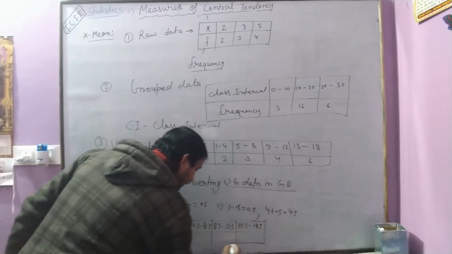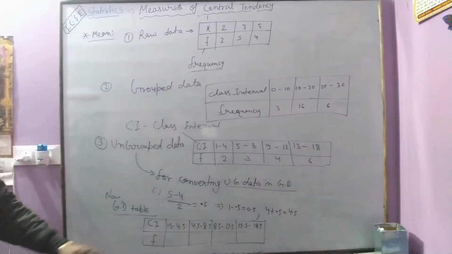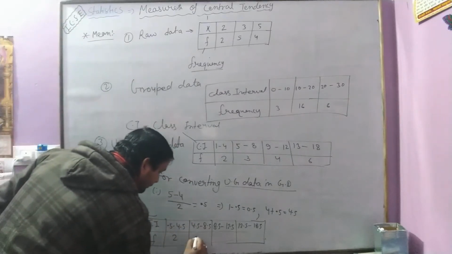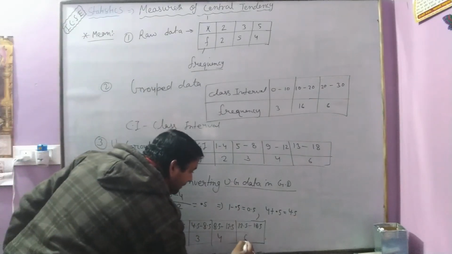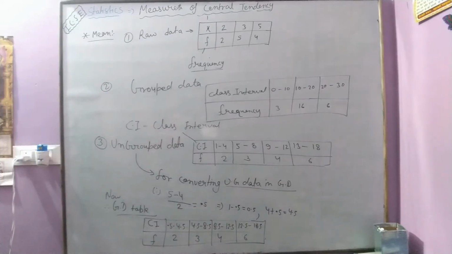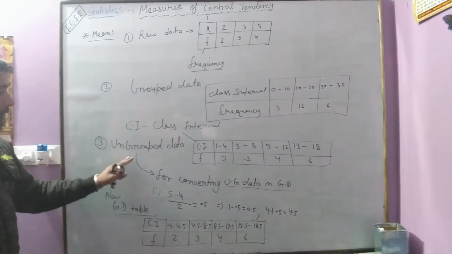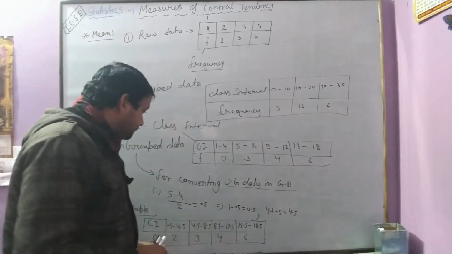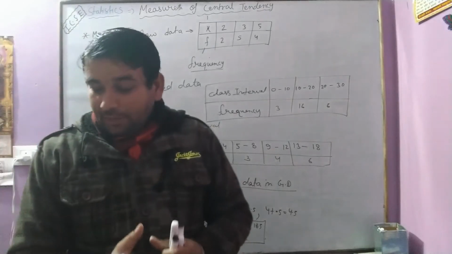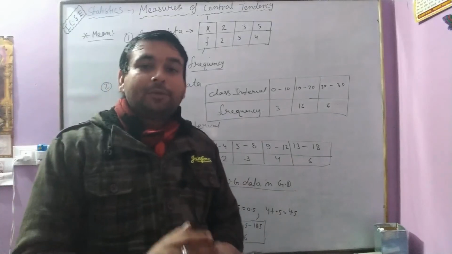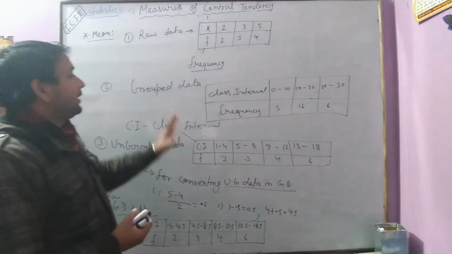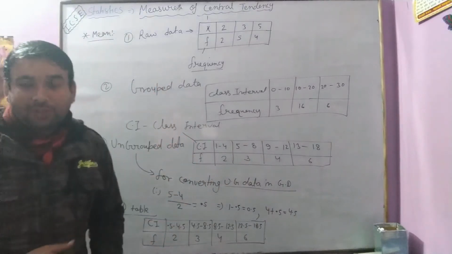This is how we convert an ungrouped data table into a grouped data table. Now we will take some numericals which appeared in the previous classes also, and we will understand how to calculate the mean of the given data.